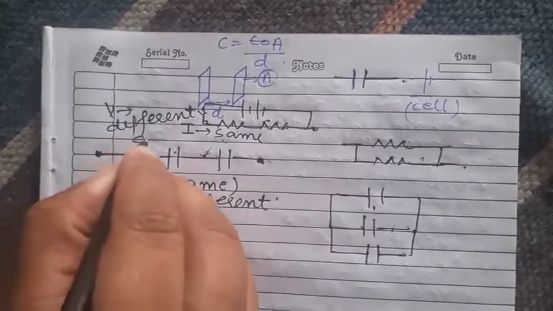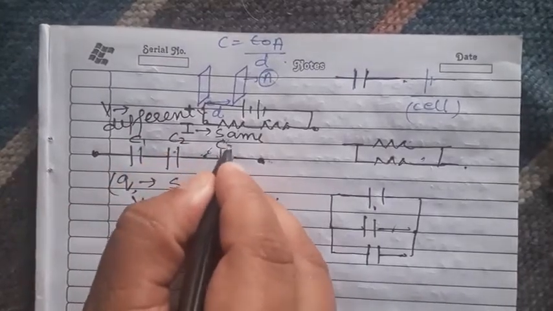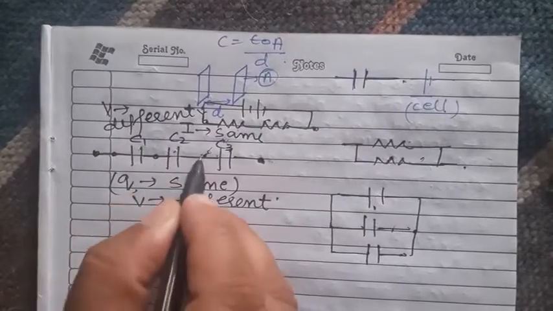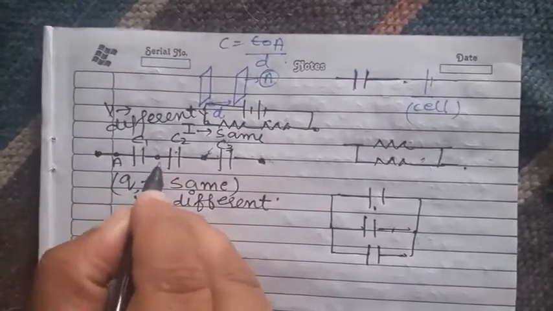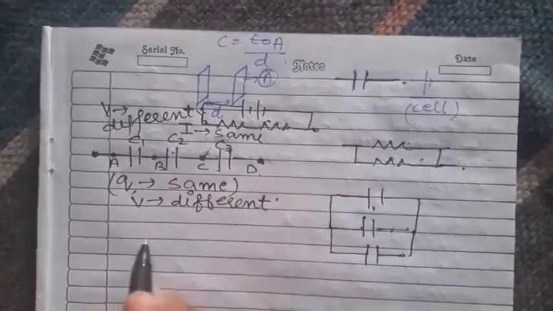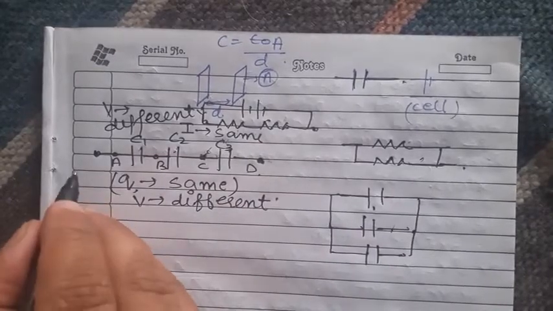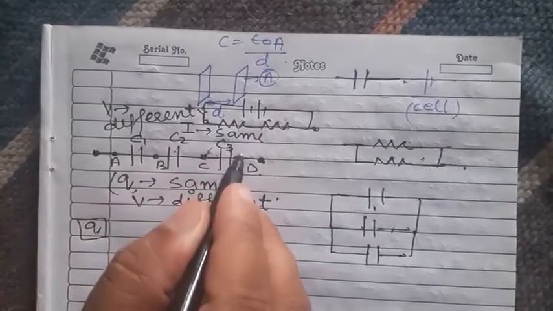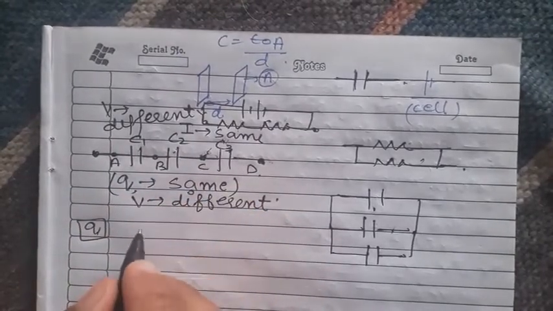I suppose there are three capacitors with capacities C1, C2, and C3. Let us suppose A, B, C, D are 4 points. Now let Q be the charge on each capacitor, so this Q will be the same across each capacitor.